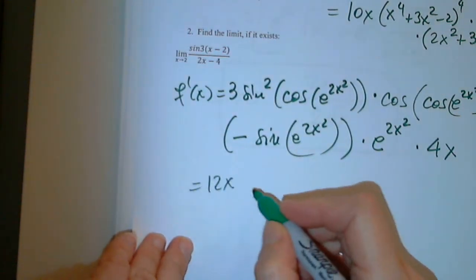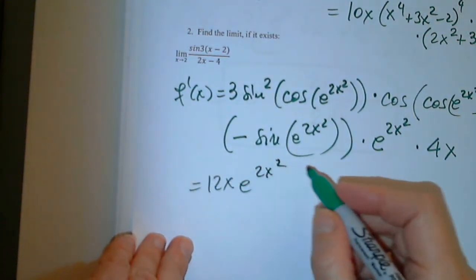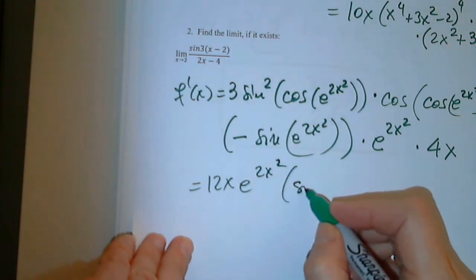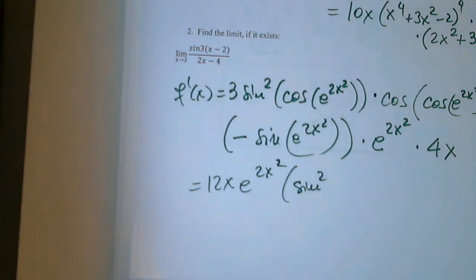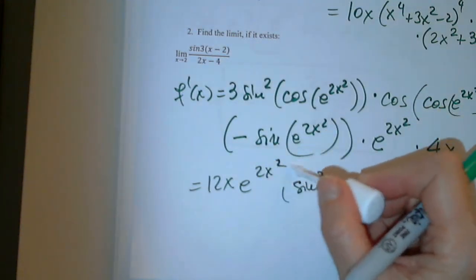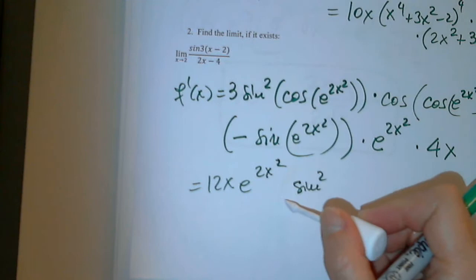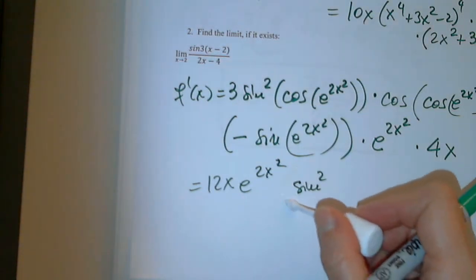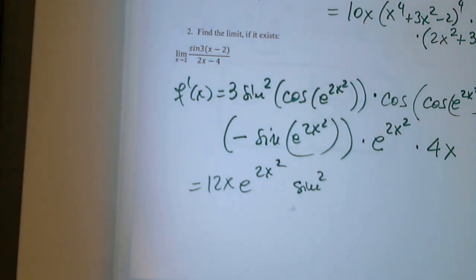So this is 12x e to 2x squared, and then sine squared. I don't need this parenthesis. I'm going to take care of it. Sine squared of cosine and sine. And also I should put the minus in front to remove one set of parentheses, an additional set of parentheses.